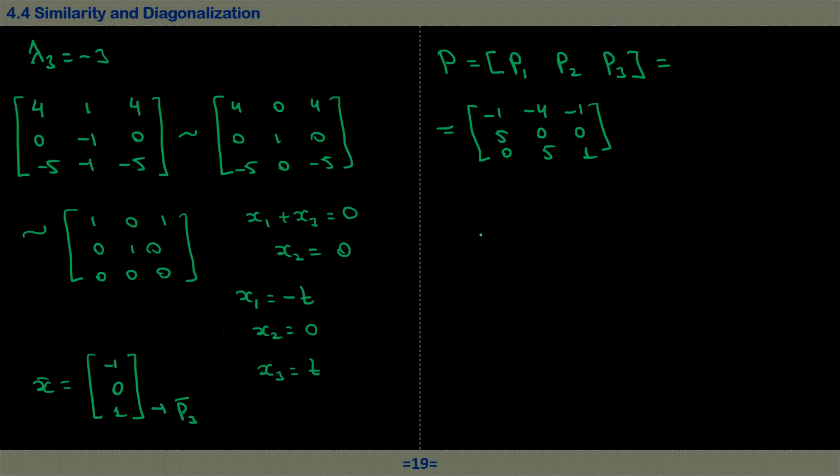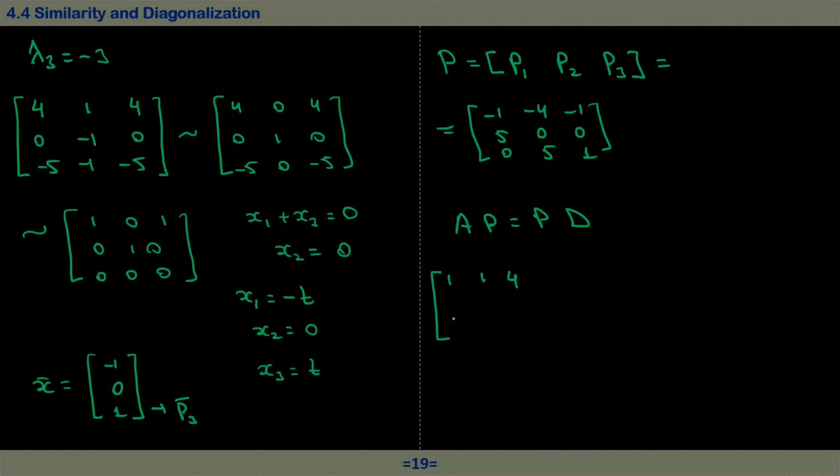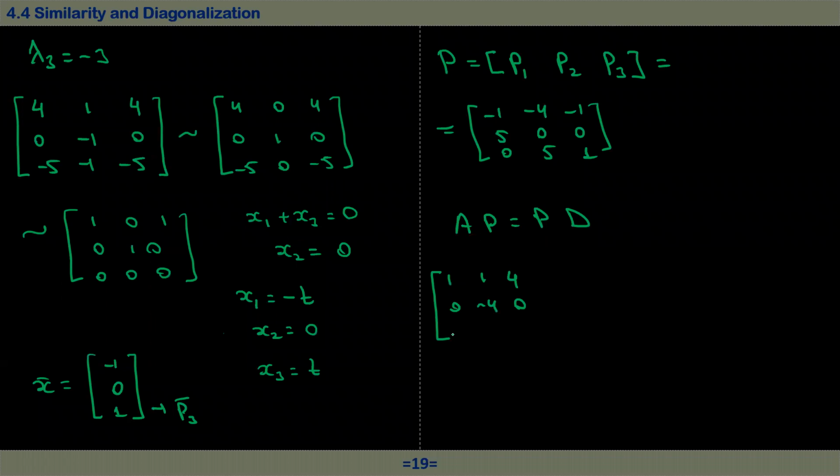So now I can just write it like this. Matrix A, here we have A times P equals P times D. What is matrix A? Our original matrix: the first line is 1, 1, 4, the second line is 0, minus 4, 0, and the third line is minus 5, minus 1, minus 8.